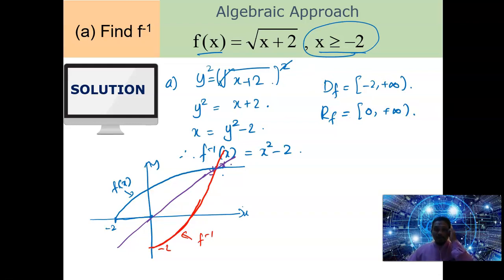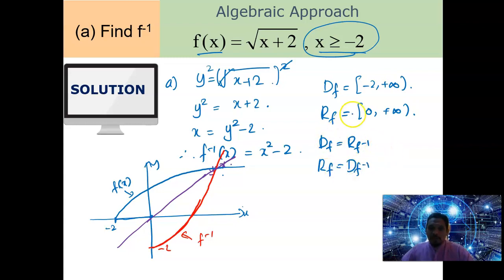Okay, what about the domain and range of f inverse? Class, in this case, you don't have to think much. As we know, the domain of f is the range of f inverse, and the range of f is the domain of f inverse.